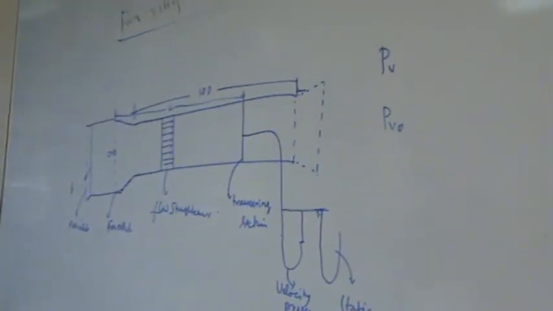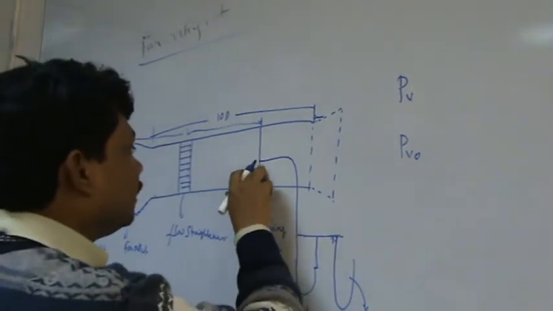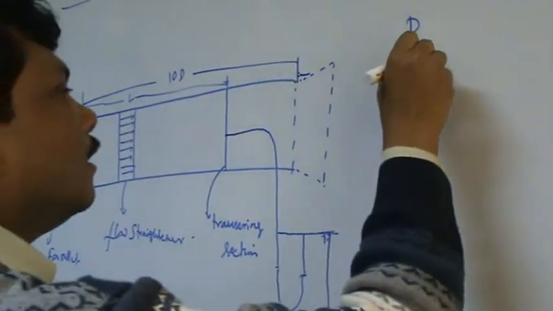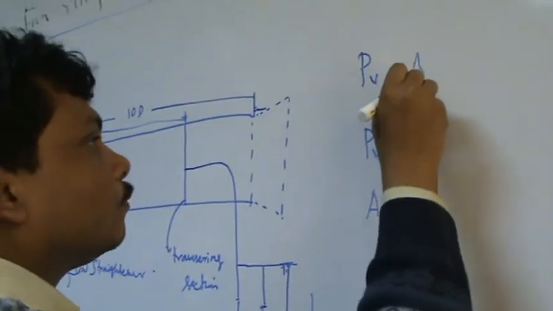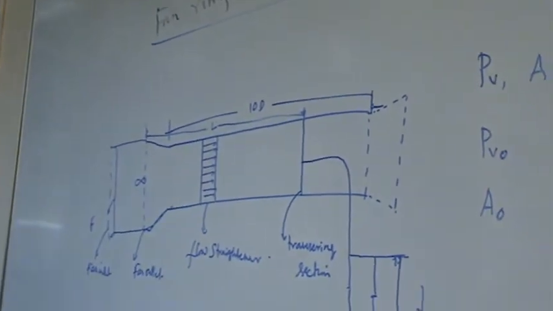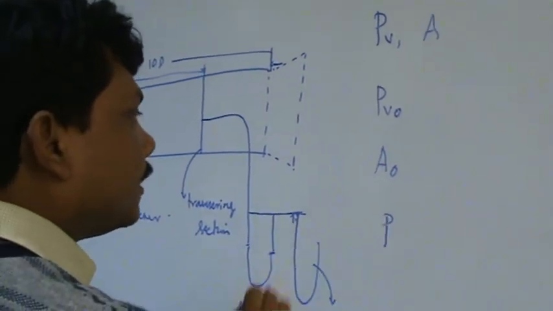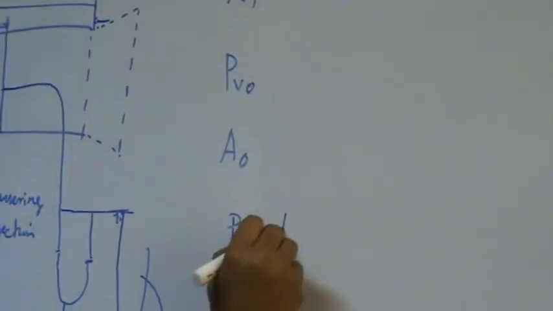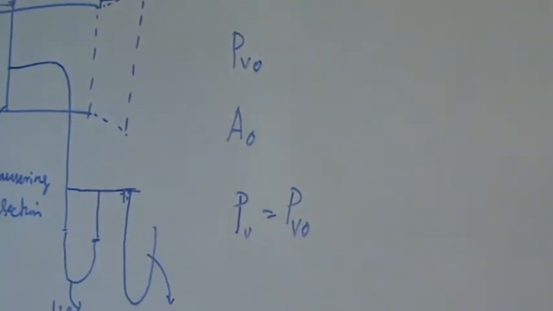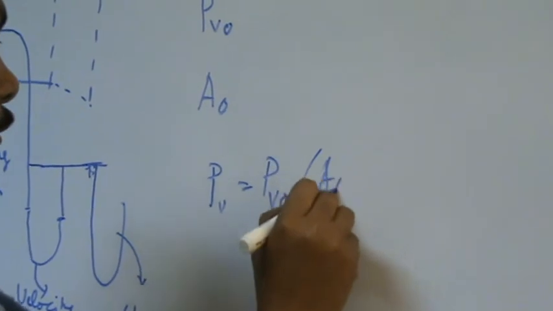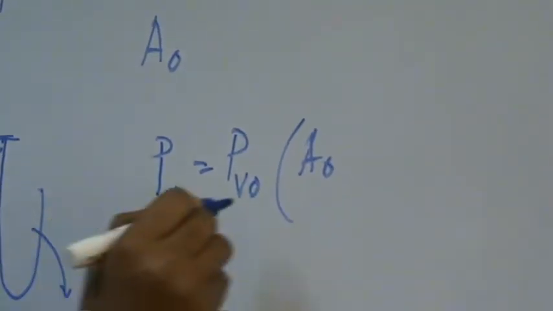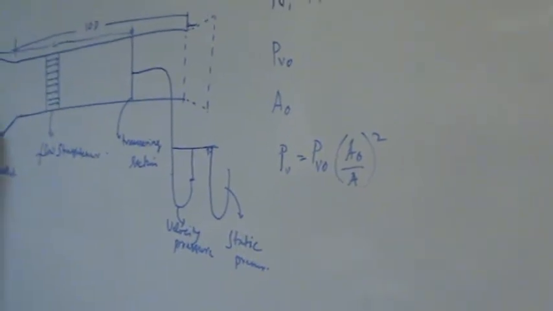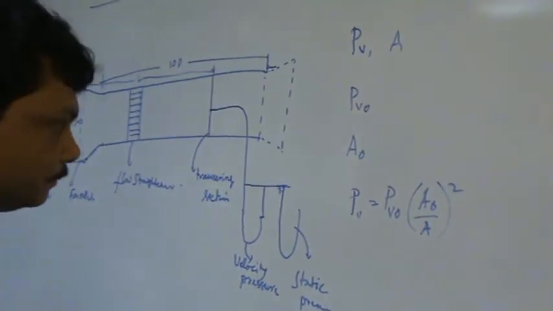Now, if the area of this first section of the duct is A0, and the area of the fan outlet is A, we can find PV equal to PV0 into (A0 by A) square, provided the density at the fan outlet and the density in the duct are constant.